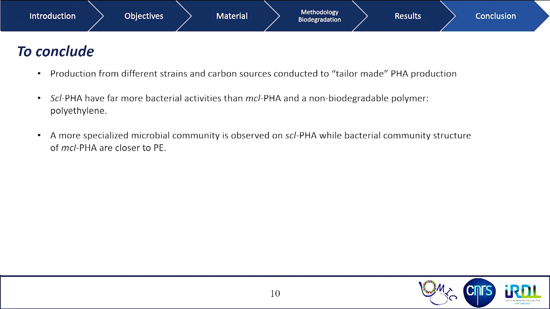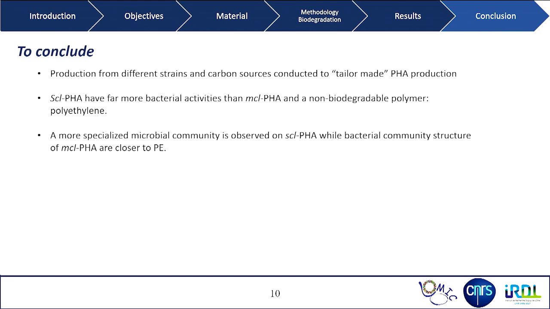To conclude, we achieved the production of different PHA from different strains and carbon sources with various properties. Secondly, short-chain PHA have far more bacterial activity than medium chain when we looked at the oxygen consumption, and than the non-biodegradable polymer polyethylene.